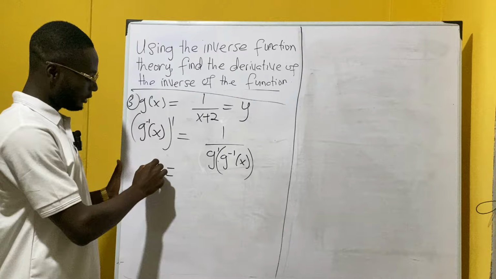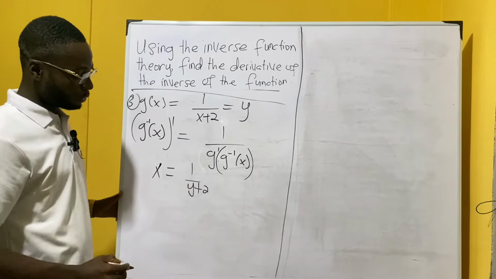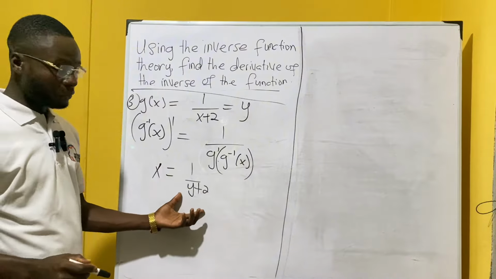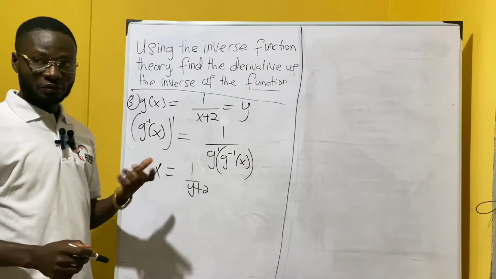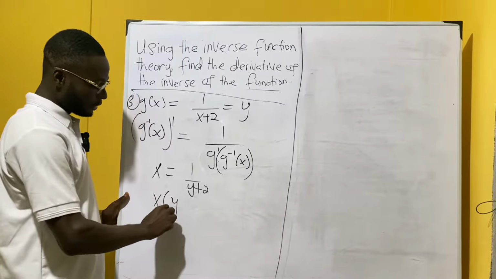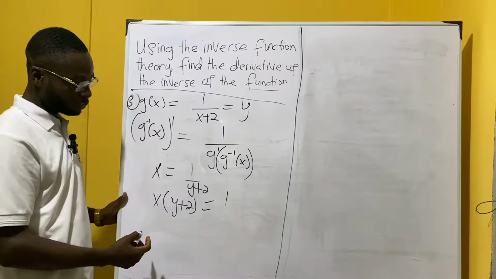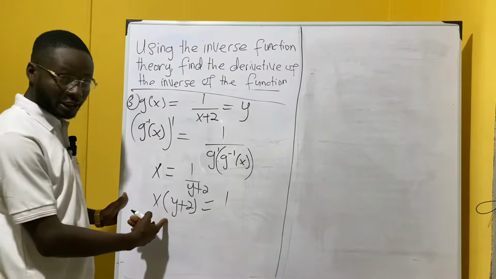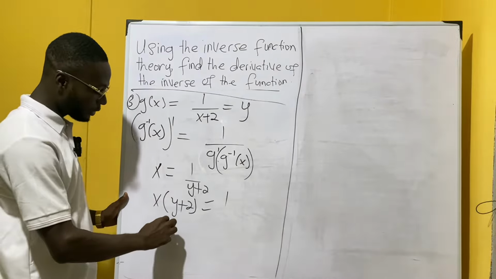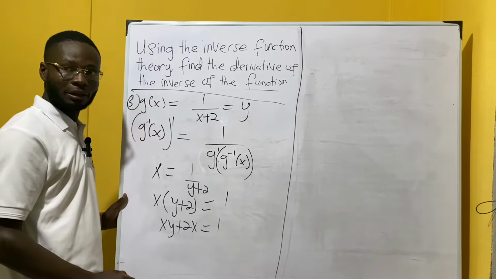And that will be x equals 1 over y plus 2, right? So if you need y to be the inverse of the function, what you do is that you multiply through by y plus 2, right? So spread the x and you have xy plus 2x, and that should be equal to 1, right?